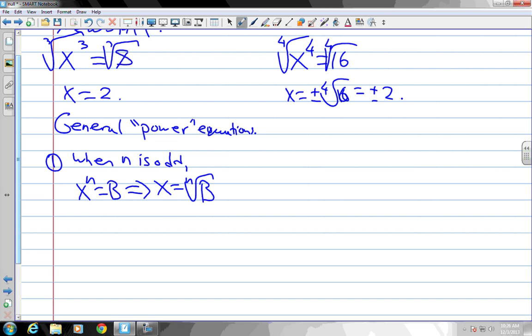So if you have x cubed or something cubed, you take the cube root. Power 11, you take the 11th root or whatever. You don't need plus or minus. That's the big thing. So if n is odd, you don't need plus or minus.